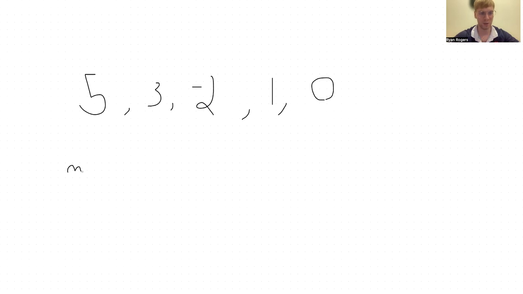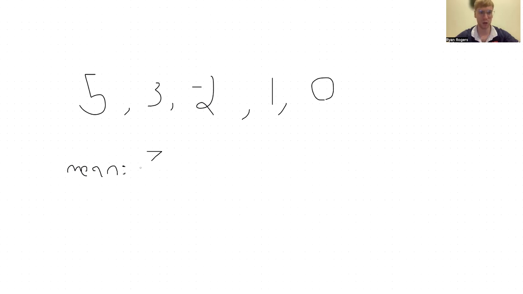And this is what I mean by my handwriting is going to be awful. Mean is going to be adding every single one of these numbers together. 5 plus 3 equals 8, plus a -2 is going to be a +6, plus 1 is going to be 7, plus 0 is going to be 7. So then we take the total number divided by the total numbers that we have.